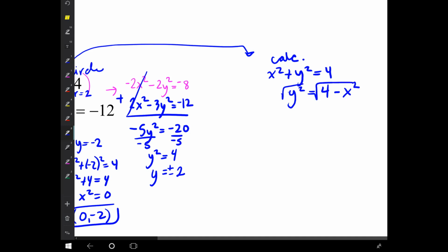Now here's where it gets tricky. How many equations am I going to have to plug into my calculator to represent this graph? 2. I'm going to have to plug in y1 as the positive square root of 4 minus x squared, and y2 as the opposite of the square root of 4 minus x squared.